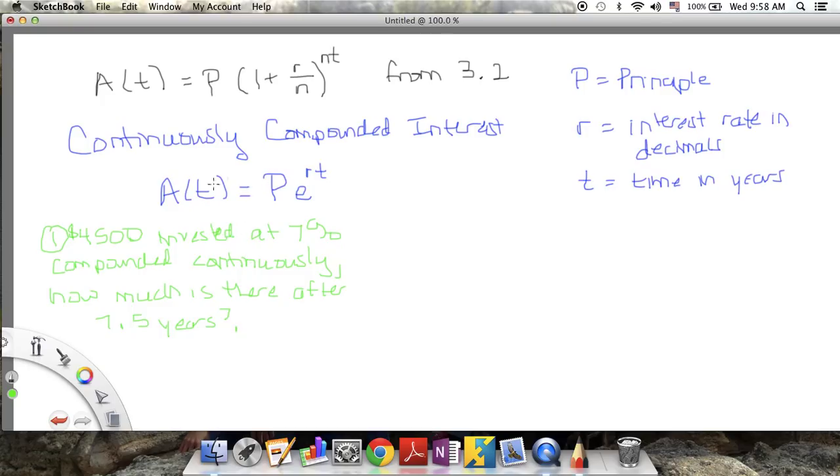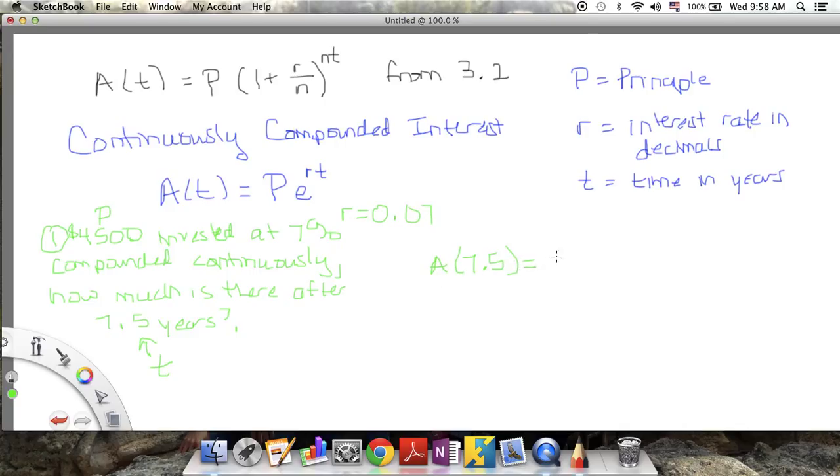So that means that our P is $4,500. Our interest rate means our r is 0.07, and this is our t. So all we have to do is look at what our value is at 7.5.